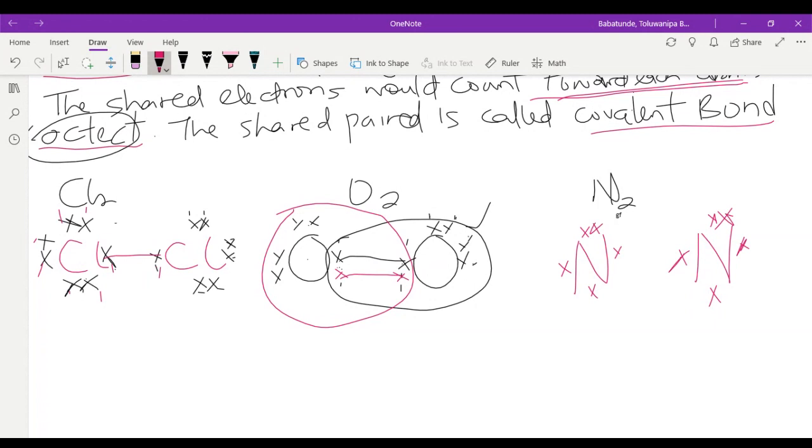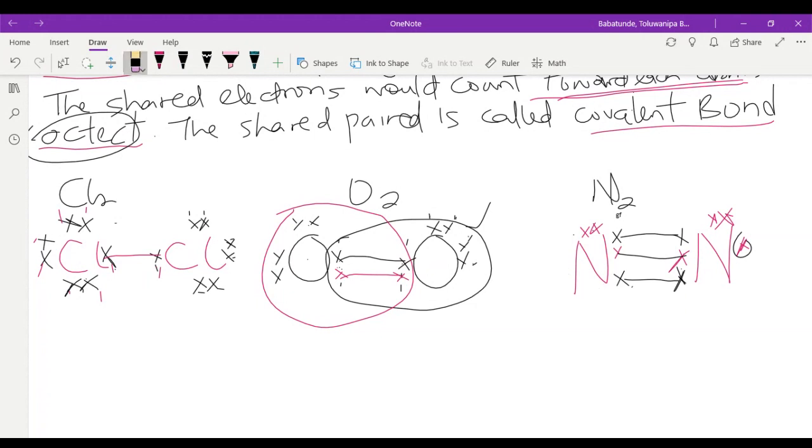We make the first bond from here. This one has 1, 2, 3, 4, 5, 6. So we still need more. We can move these electrons here, and we can move this here and make another bond. So we have 4, 5, 6, 7. Still not complete. So we can move this one from here, and we can move this one from here and make another bond.